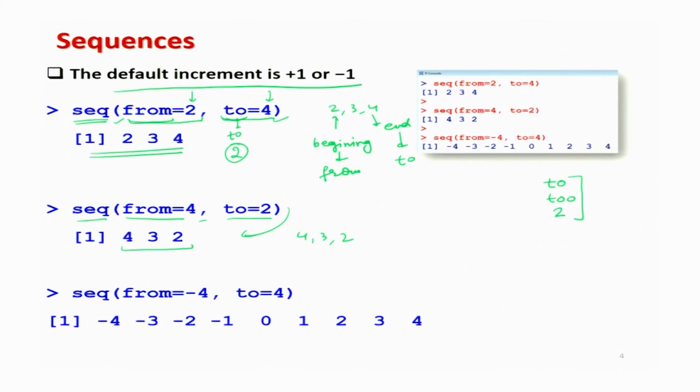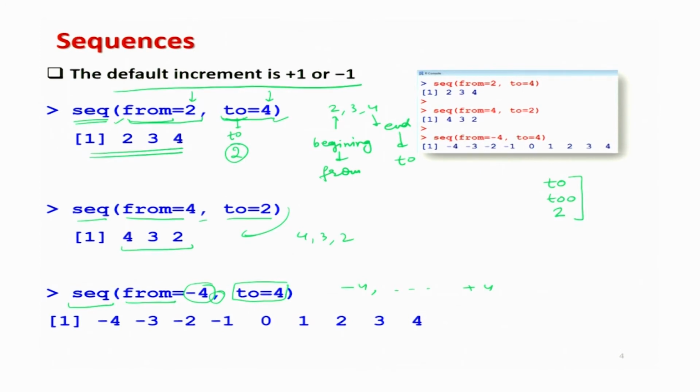In this sequence command, it is also possible that the values you consider in the from and to options can be negative also. So, I want to generate a sequence beginning from -4 and coming up to +4. For that I give the command SEQ, and inside the parenthesis I write from equal to -4, then comma, and then to equal to 4.